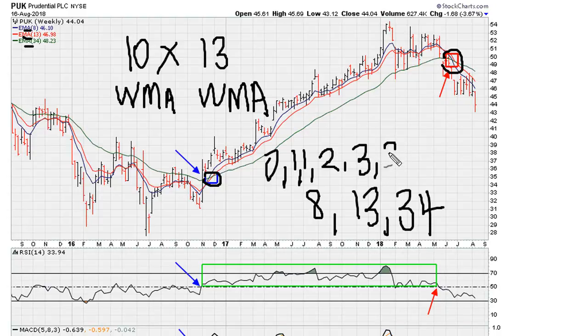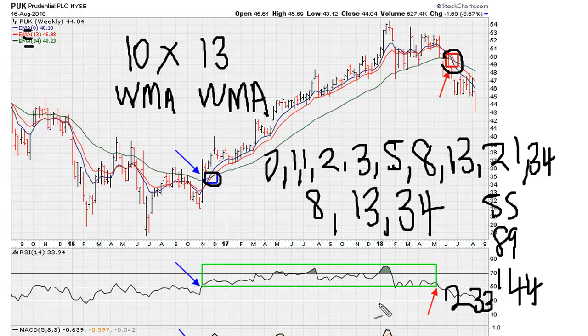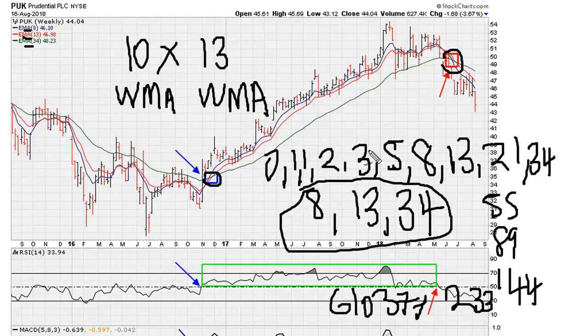So that's why I use them. 5, 8, 13, 21, 34, on and on, 55, 89, 144, 233, 377, 610. All right. So, of course, the numbers come from the Fibonacci series.